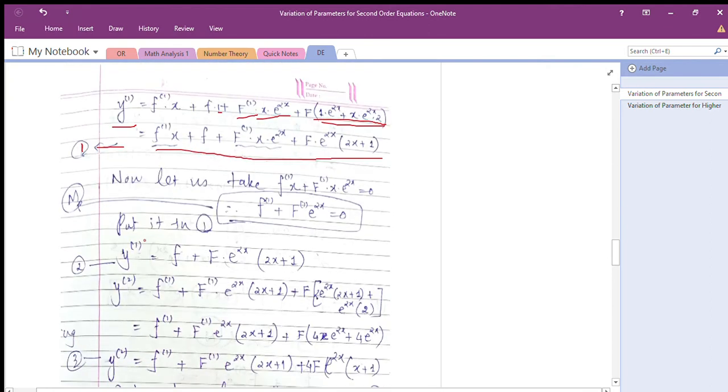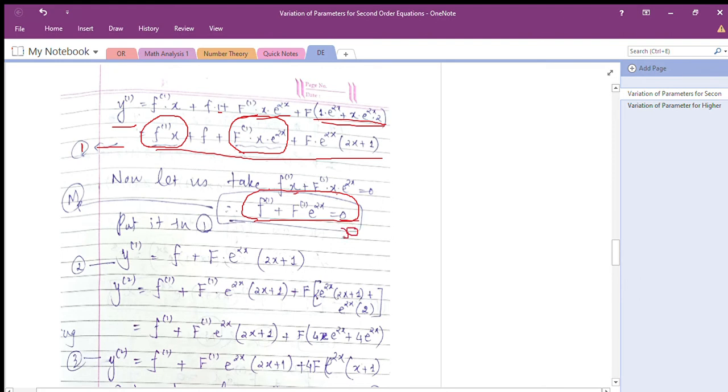Clear? Now in this one as well you have to take the first equation, that is f1 x and capital F1 x e raised to 2x. The sum of those two is equal to 0, but here you can take x common. By taking x common, and since x is a variable non-zero, you can take it on the right hand side below 0.